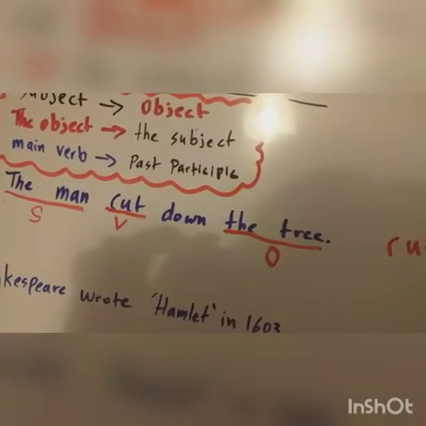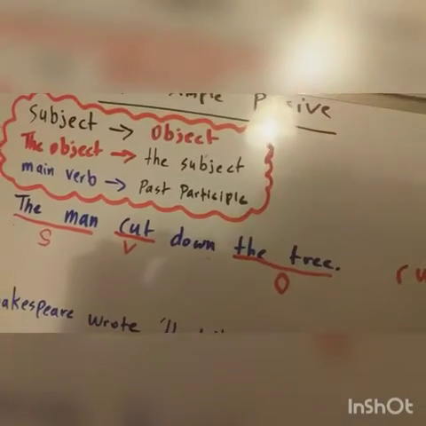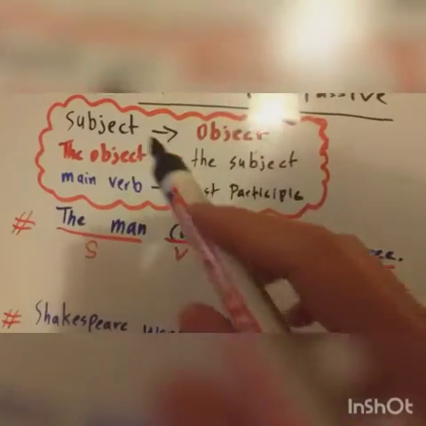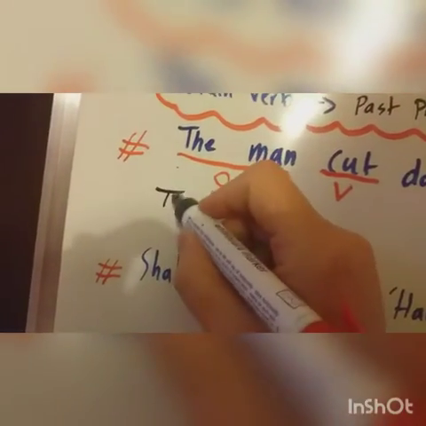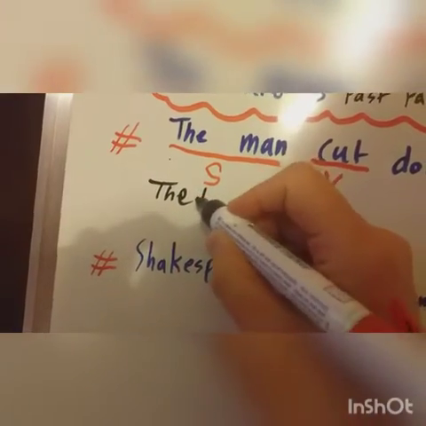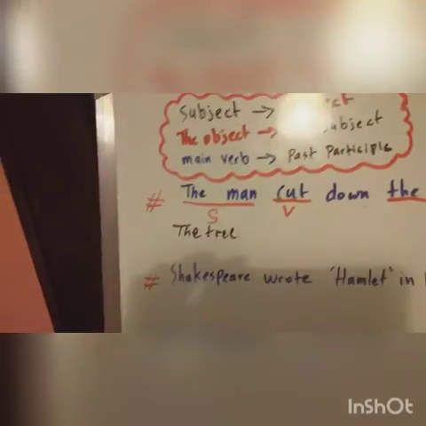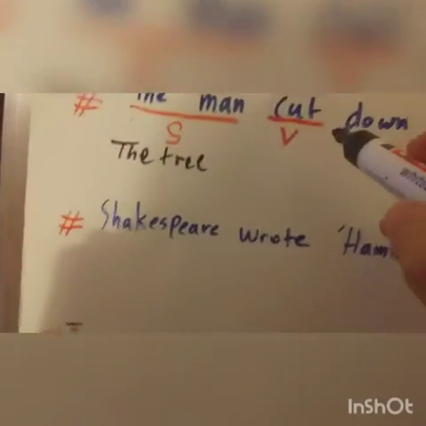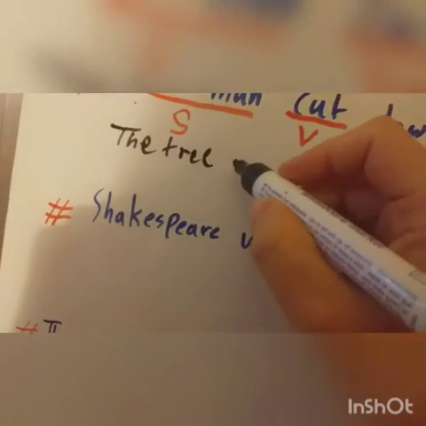Let's interchange the sentence into the past passive voice. We start with the object, the tree, and we use verb to be in the past tense.